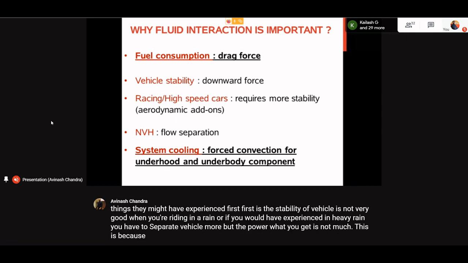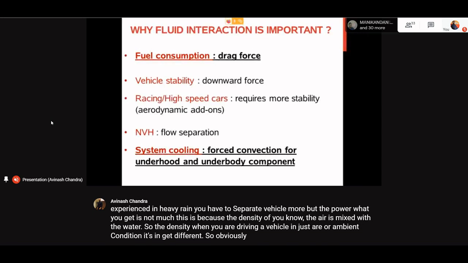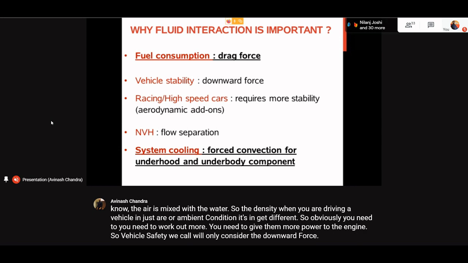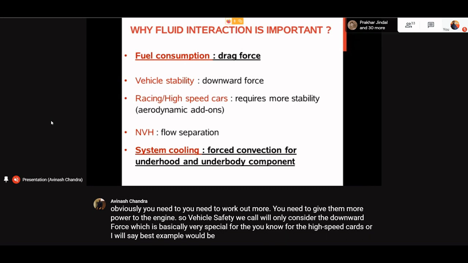In heavy rain, you have to accelerate the vehicle more, but the power you get is not much. This is because the density of the air is mixed with water. So the density is different from when you are driving in just air or ambient conditions. So obviously you need to work more, you need to give more power to the engine. For vehicle safety, we will only consider the downward force.